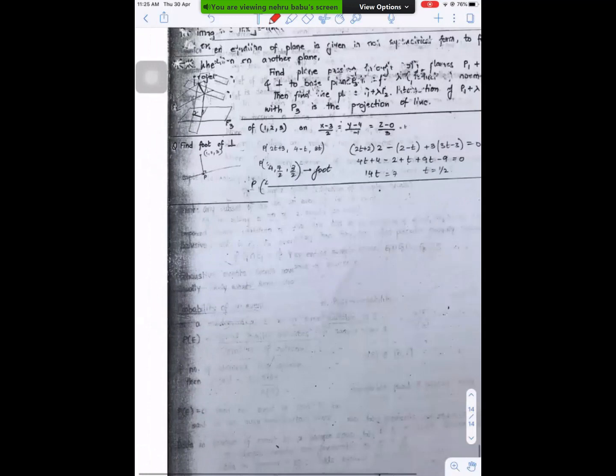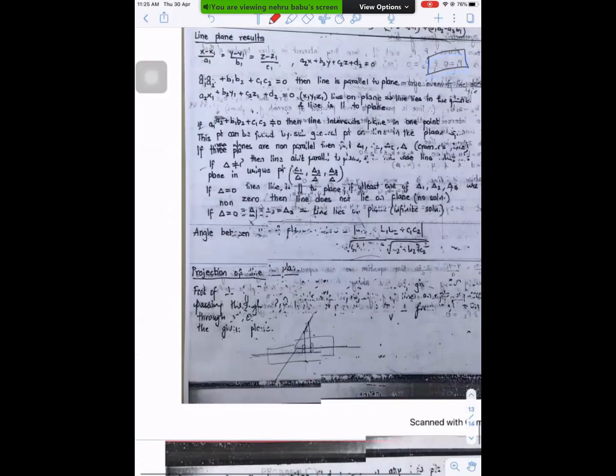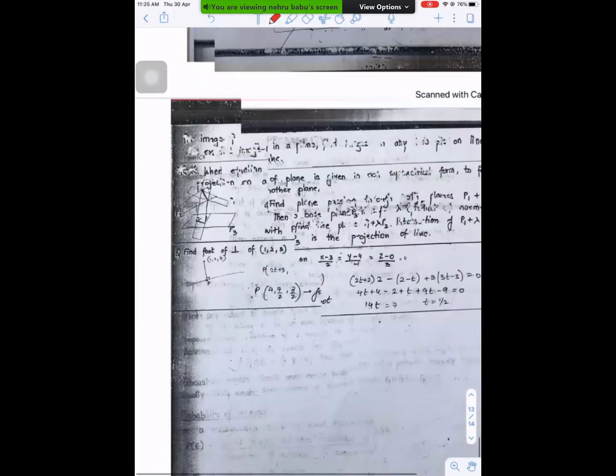Sir, can you once again explain conversion of non-symmetric into symmetric form of a line? Non-symmetric to symmetric, what we do is, for example, take a line like this: 2x plus 3y plus 4z plus 5 equal to 0, and 3x minus 2y plus 5z minus 1 equal to 0.